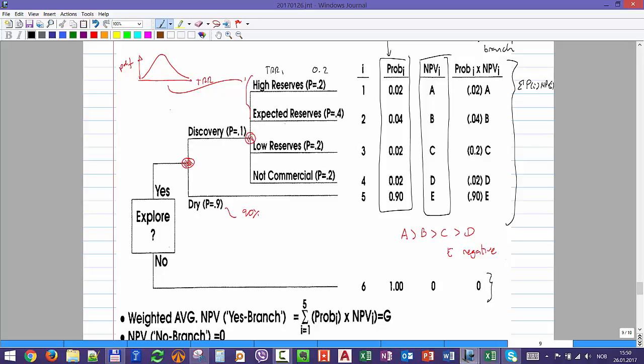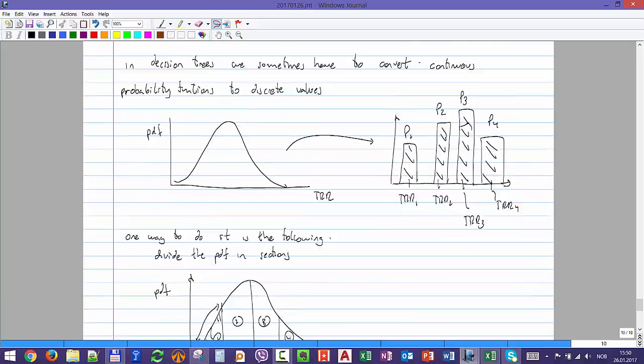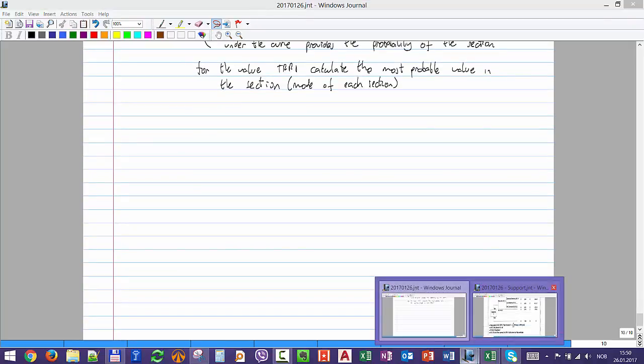That's going to give me a compound NPV. And then I compare the two options. If this, for example, is very negative, I have a clear indication that I shouldn't go for exploration. But if this one is very positive, there is a big chance that I'm going to get a positive NPV, that it will be successful. That clear? Yeah? Let me show you a case with numbers.